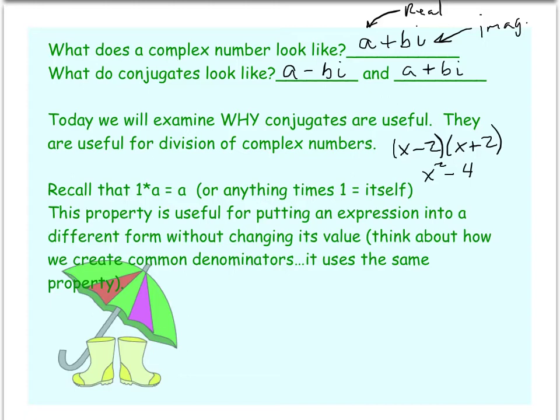Now, remember that 1 times any number is just itself. So if I have a creative form of 1 that serves the purpose of not changing the value of something when I multiply it, but also changing its format, then that becomes useful. So we're going to do this so we can create common denominators.